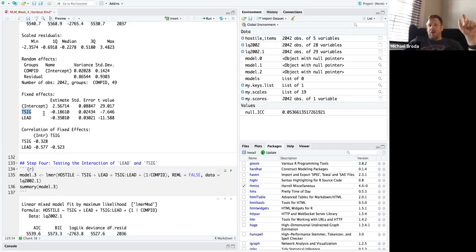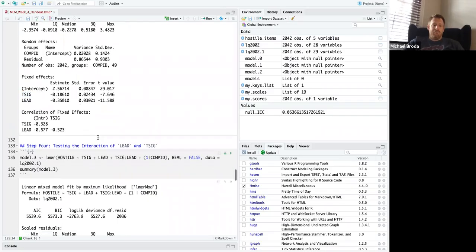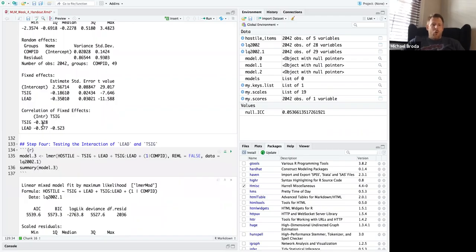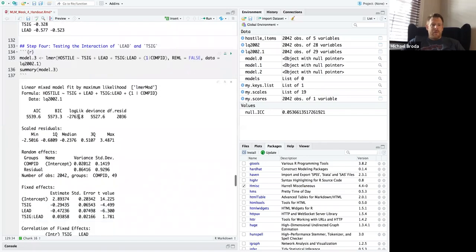That's the nature of control in multiple regression. Even in multi-level modeling, that rule still holds the same. You also get a correlation between effects, which is kind of cool. I haven't done anything with that myself. I just think it's interesting to see how these different effects are correlated with one another.